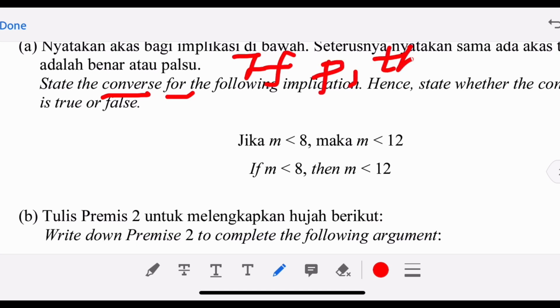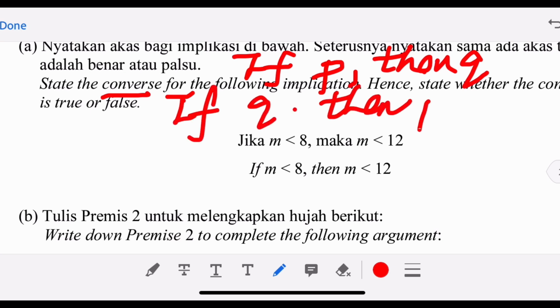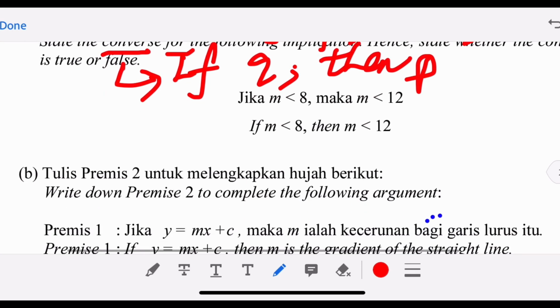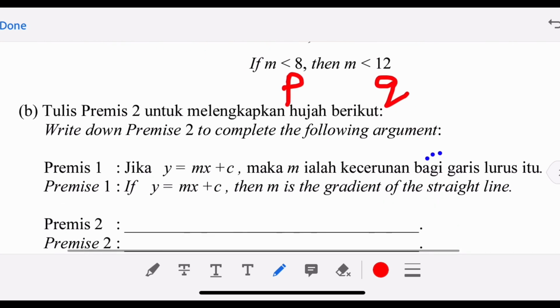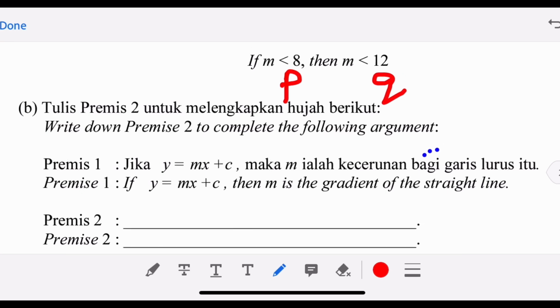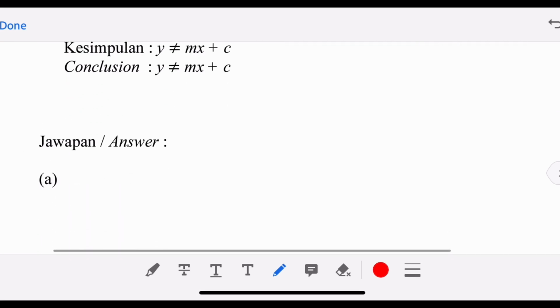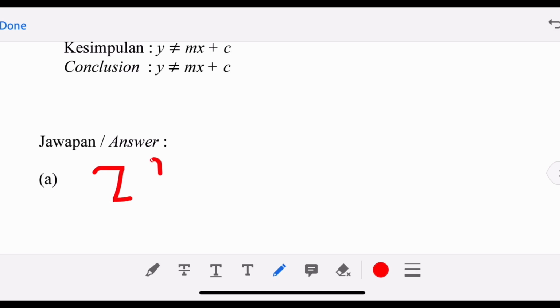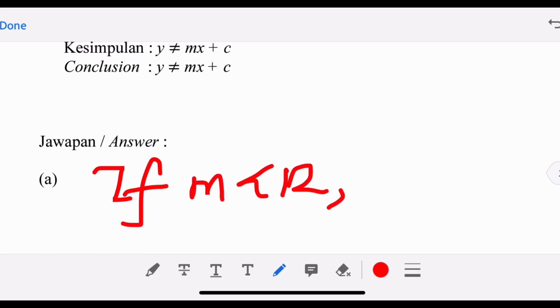For any statement, if you start with if P then Q, then the converse will be reversed: if Q then P. The P statement here is obviously m less than 8 and the Q is m less than 12. So if we want to write the converse, we have to reverse the statement. So it becomes if m less than 12, then, make sure you spell correctly, then m less than 8.